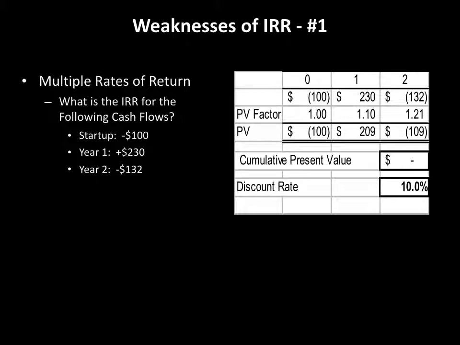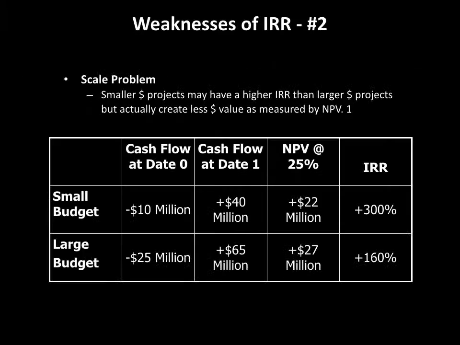So in the few cases where you have negative cash flows in later years, where it's positive, then negative, and maybe positive, or some version of that, you can get 2 different internal rates of return. So you have to be aware of that issue. There are ways to compensate for that we'll talk about on our next podcast.